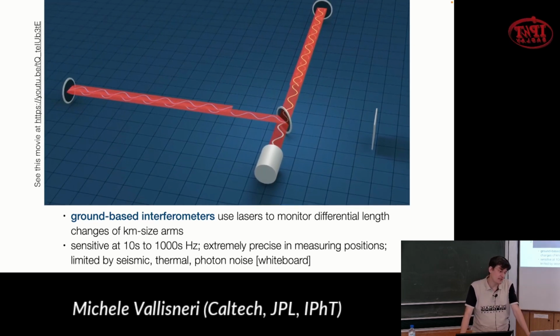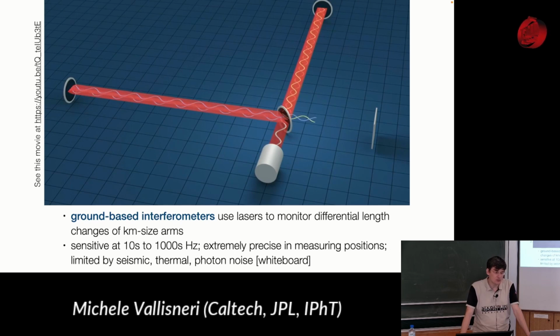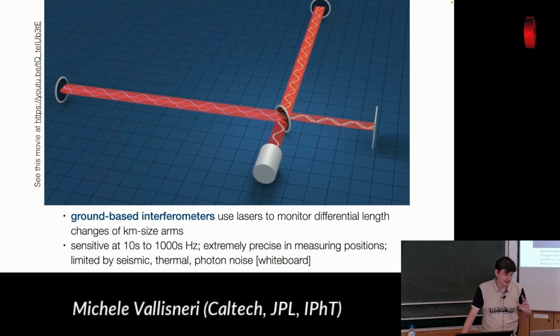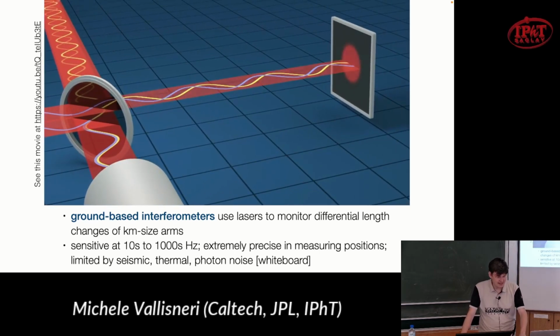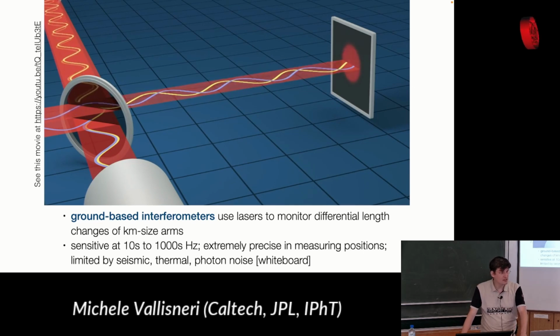Now, if at the output port of the detector you see nothing, it means there's perfect destructive interference and therefore no power. But if the arms are a bit different, you get some power out. This is your very cartoon description. So I'll go a little more in depth.